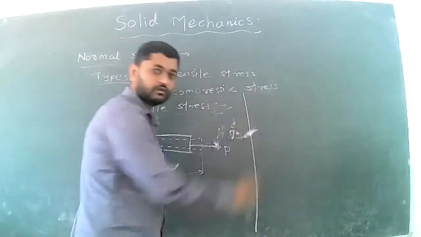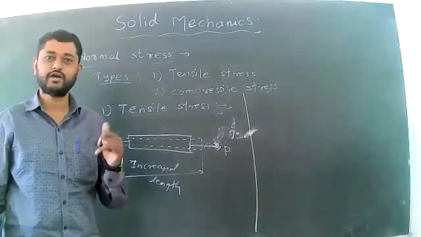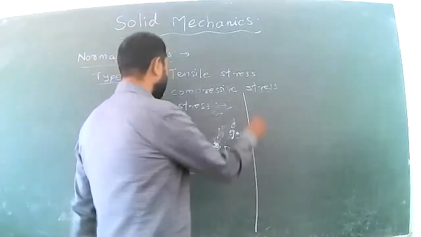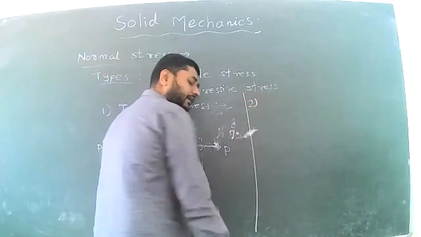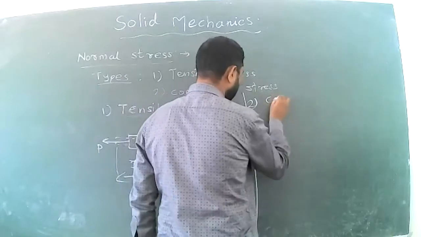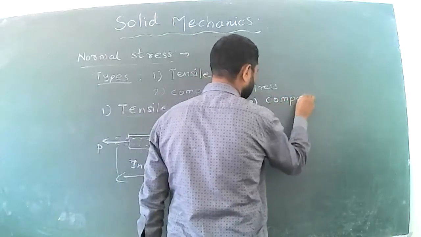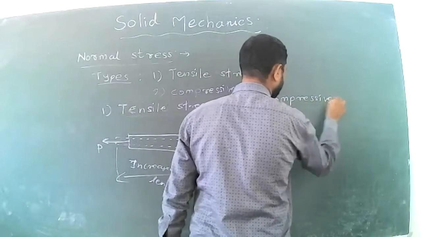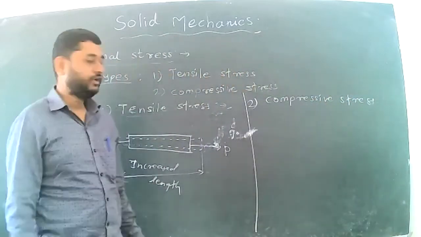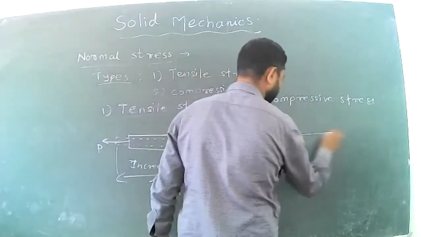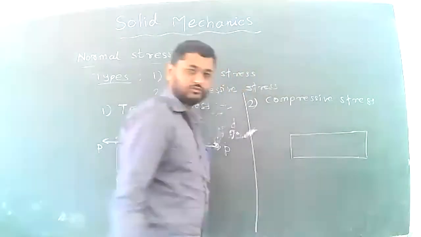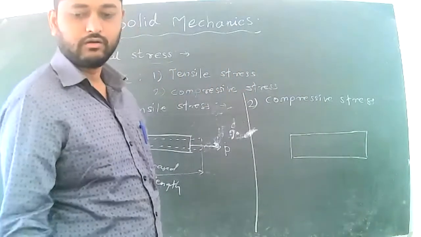Students, normal stress means the stress which acts normal to the plane on which forces act. The second type of normal stress is compressive stress. Suppose this is a member.